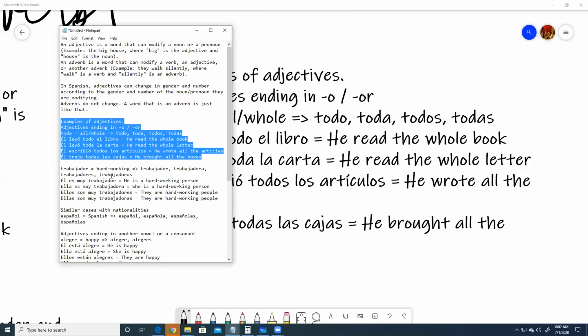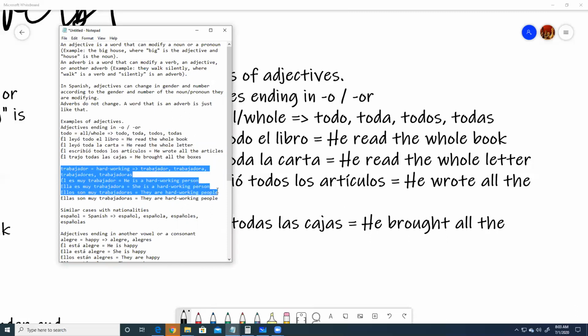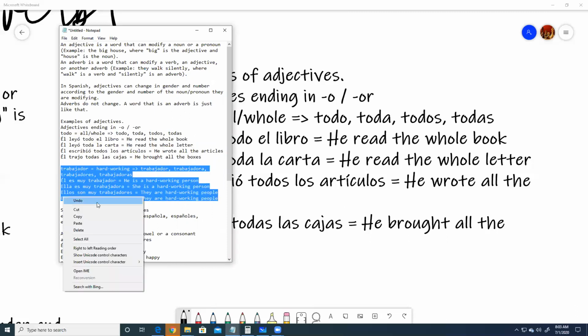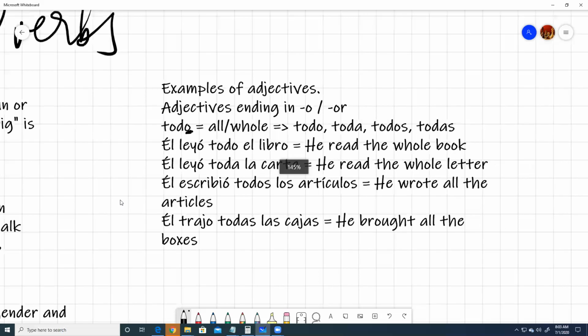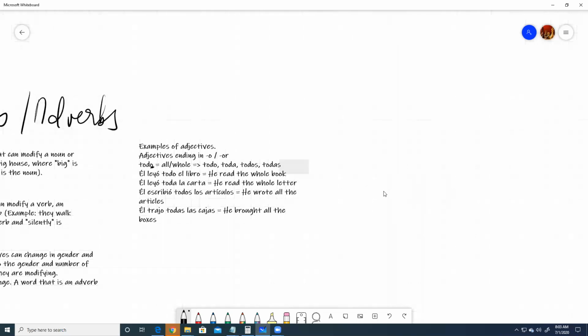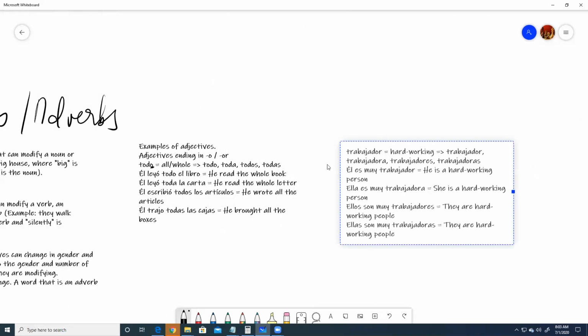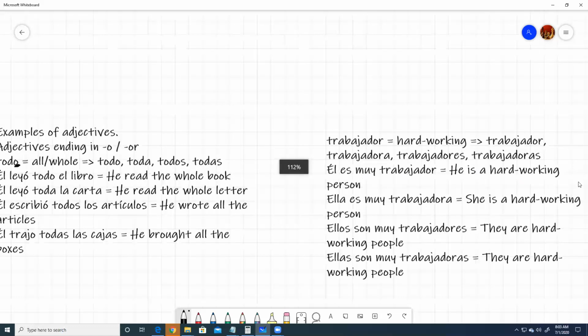the case of an adjective ending in OR. Okay, so let's put this bigger.